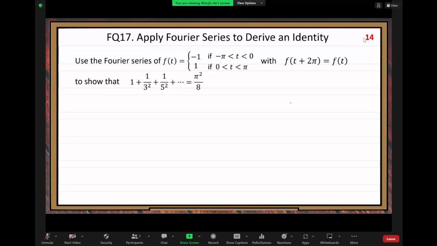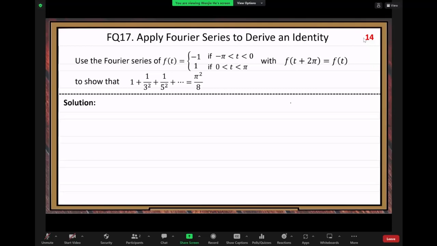We want to show this given identity: the summation of the reciprocals of consecutive odd integers equals pi squared over 8. You can compare with our homework question. Yeah, similar.